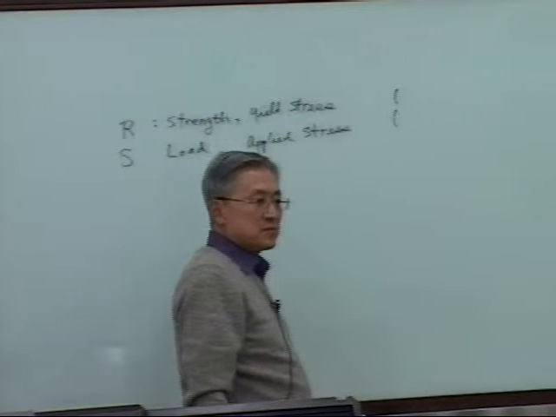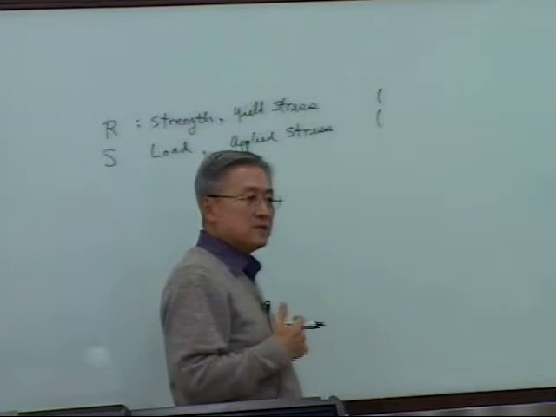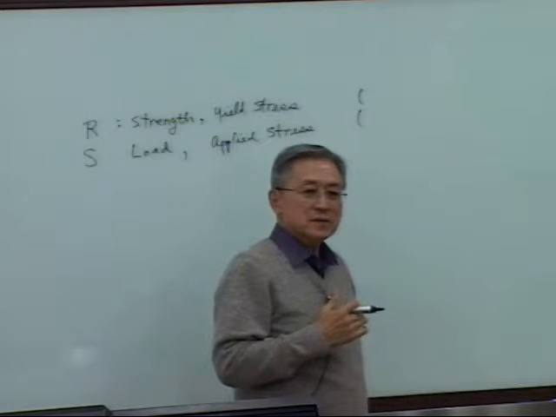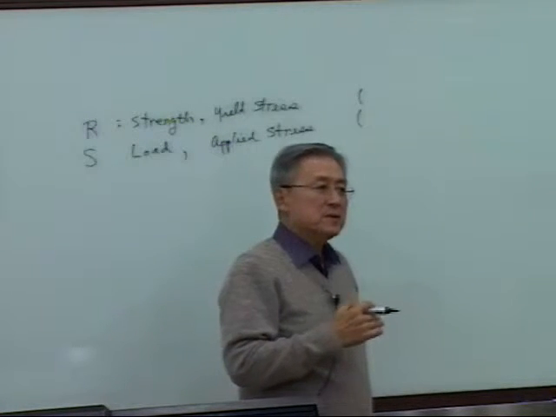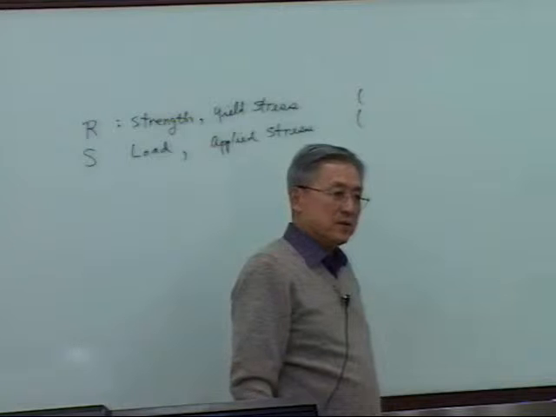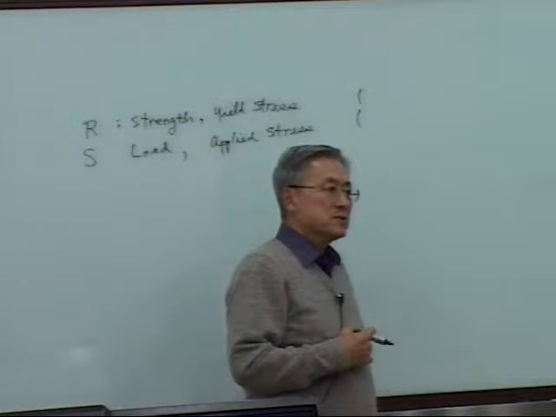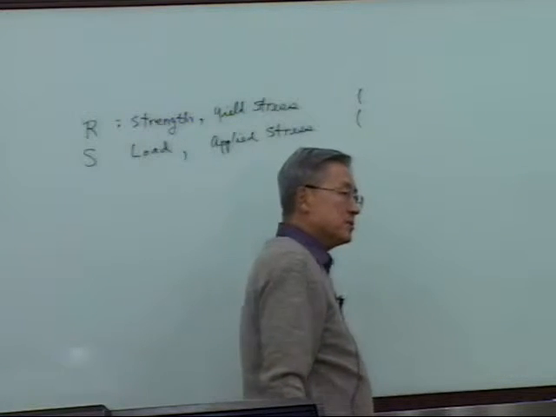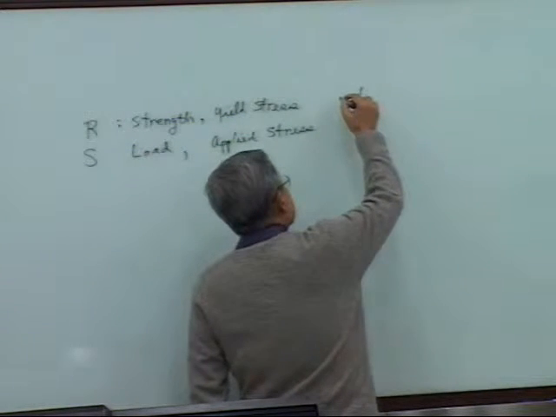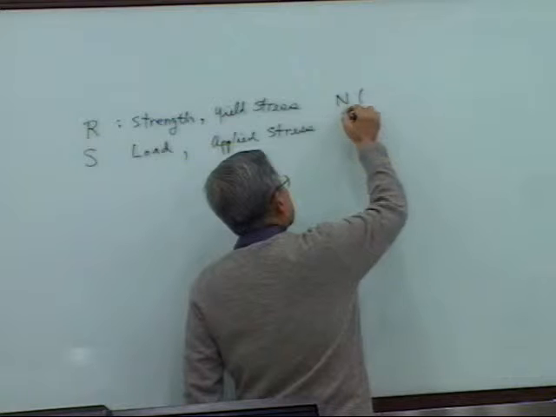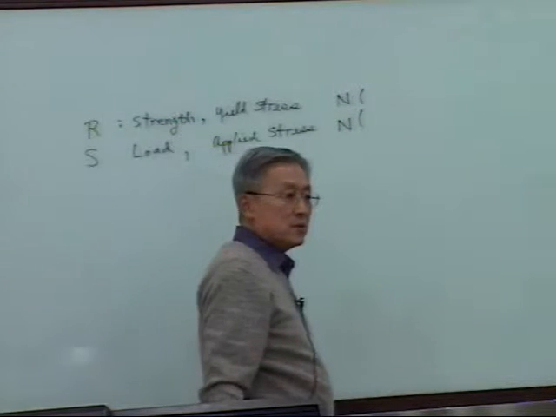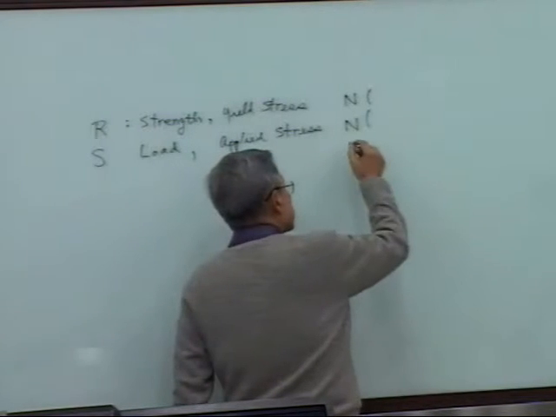If you use these as random variables, we have to assign values describing the properties of the random variable. The first are the mean and the standard deviation, and I'm going to assign N, which is a normal distribution function.